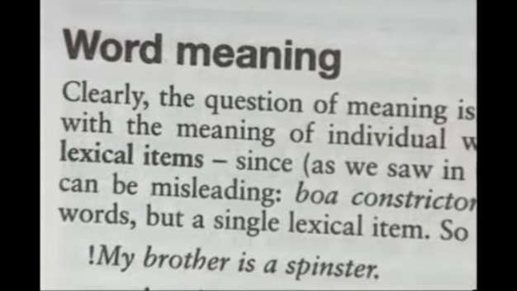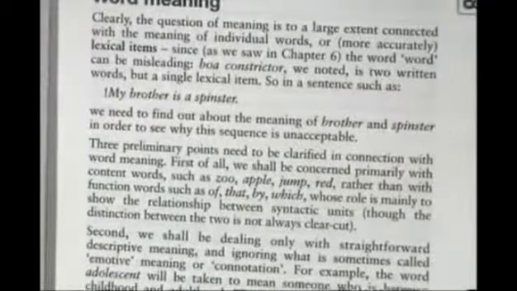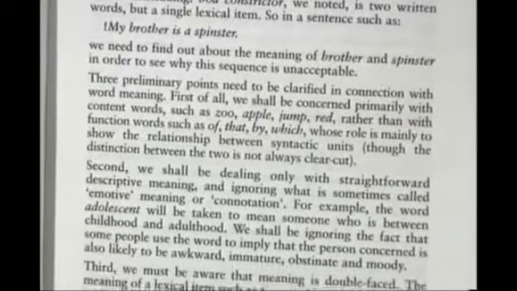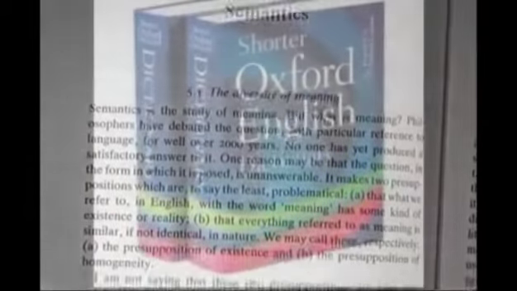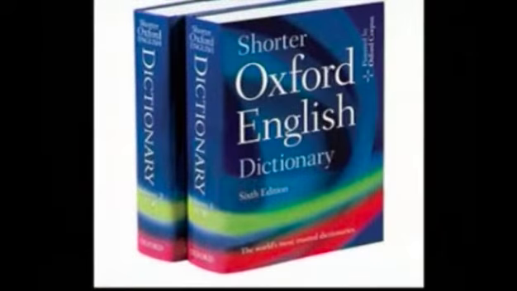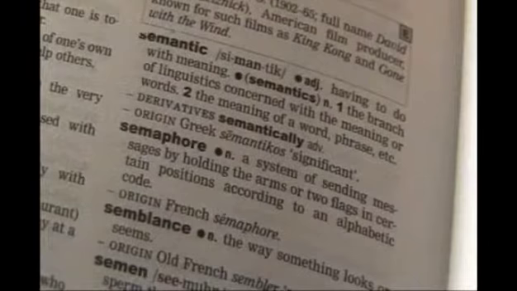The study of meaning and its manifestation in language is normally referred to as semantics. The shorter Oxford Dictionary gives the meaning of semantics as relating to signification or meaning.